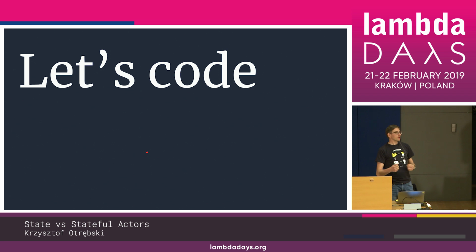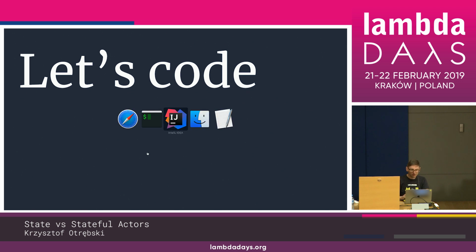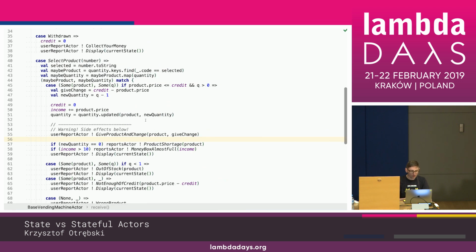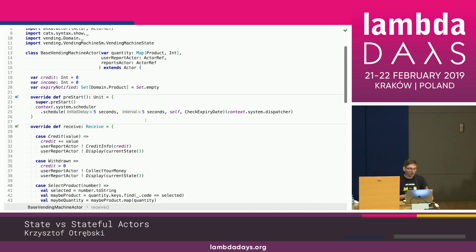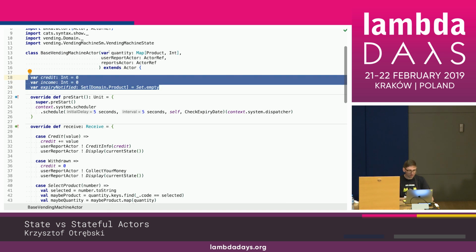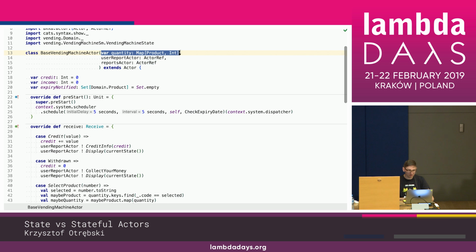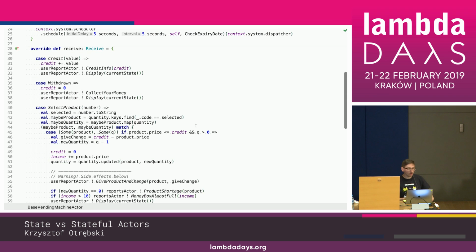Okay, so let's see the code. Let's see first our vending machine actor. As you can see, it contains a few vars. Next var here. And our receive block is huge.